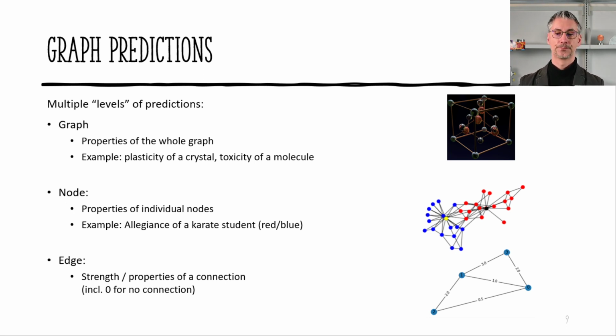We can also make predictions on the properties of individual nodes. That was, for example, what we encountered in the karate network example. But we can also make predictions on the edge level. For example, we might want to predict if there is a connection and how strong it is.